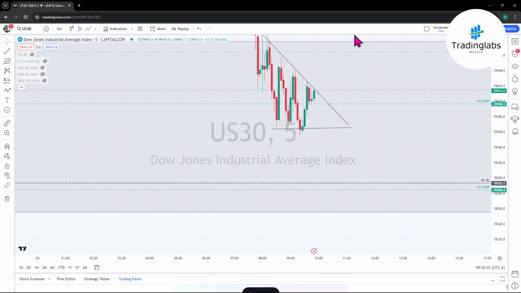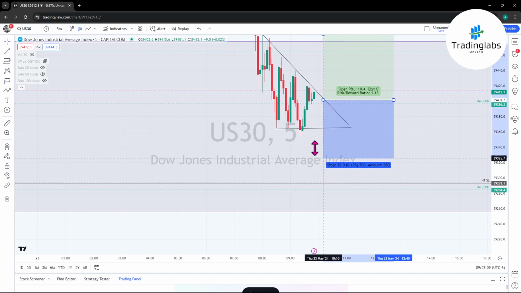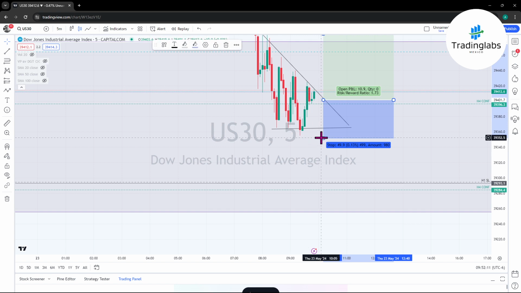So if you decide to place your long here, it's the same case. Your stop loss should be right over here, because if it breaks this low, the market will go to here.